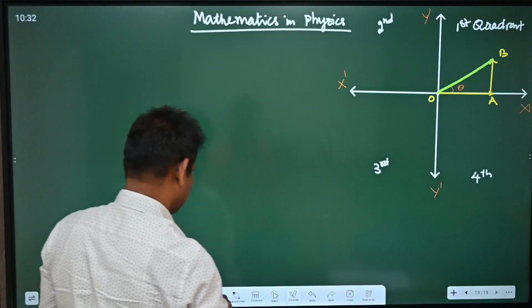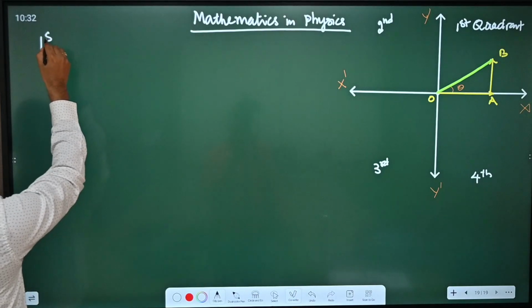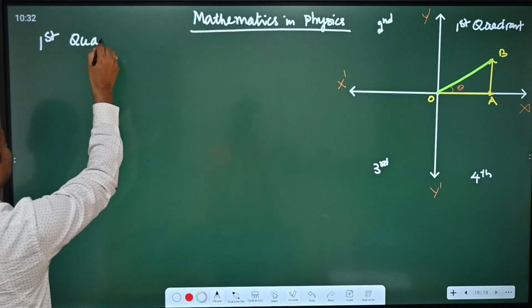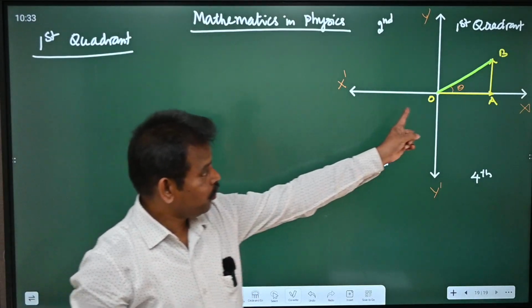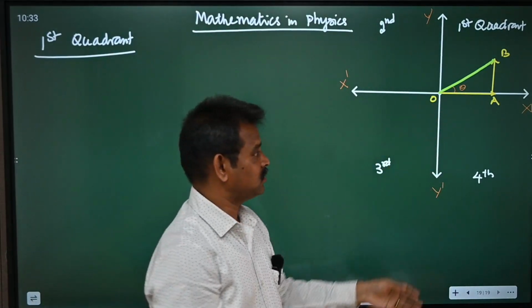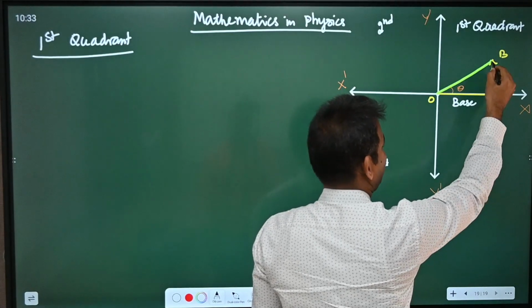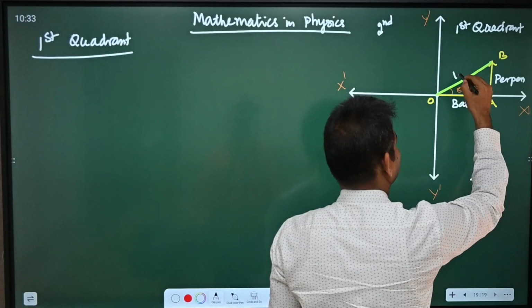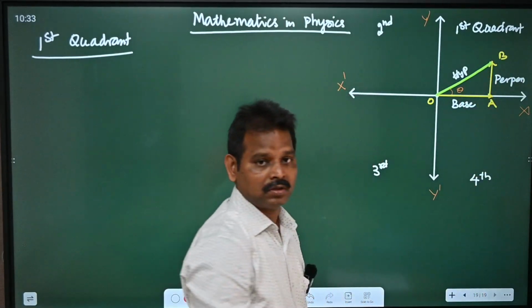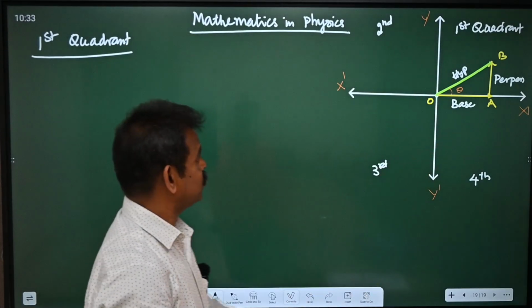So in this, it is clear that in the first quadrant, OA, this is base. So I call this the base. AB, I call this the perpendicular. And this is the hypotenuse. Here, base is positive, perpendicular is also positive.